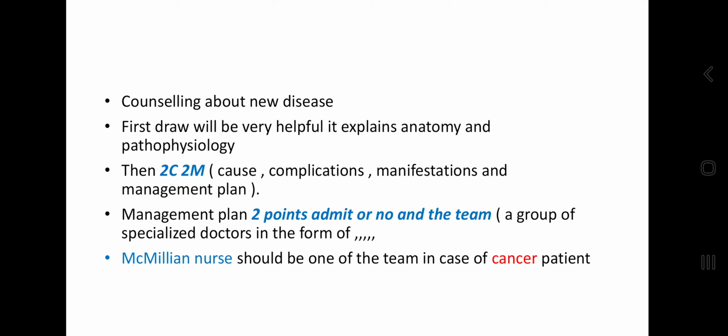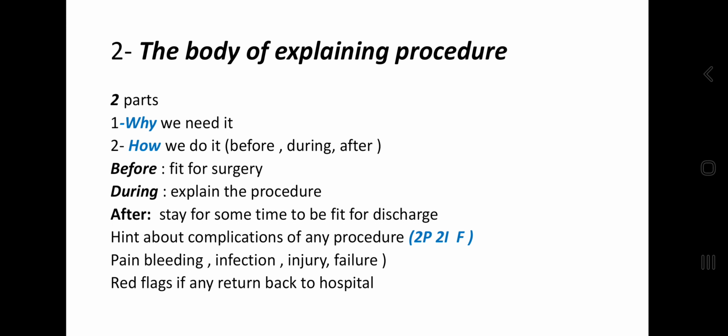You will admit the patient or not, and who is the treating team. This is a group of specialized doctors such as chest doctor, lung doctor, blood doctor, according to your scenario. If your scenario is cancer, a Macmillan nurse should be one of the treating team.